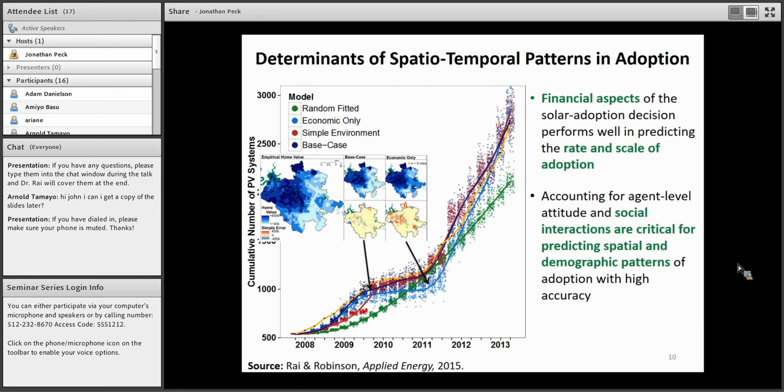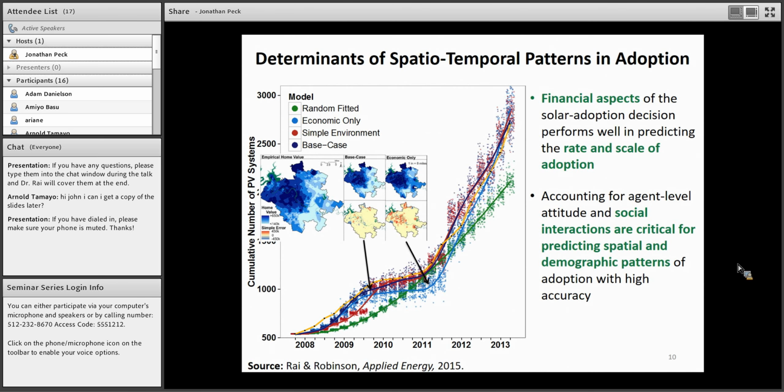having a PV system? And what we find is that when we focus only on the economics, we are okay in terms of predicting the rate and scale of adoption, but we are making significant errors in terms of where these systems were located. So the spatial structure, we are fine temporally, but we are missing the spatial picture.